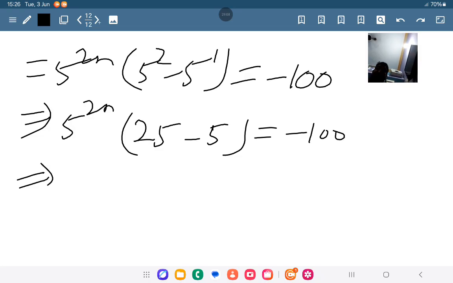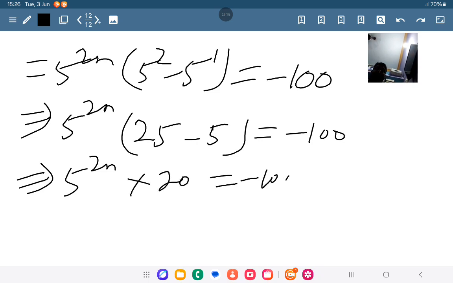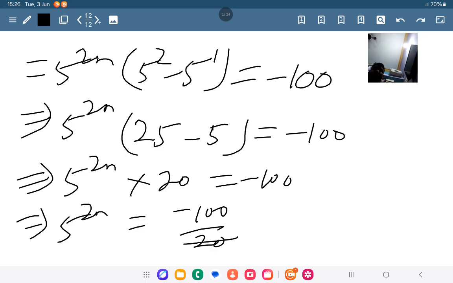Yeah, 5 to the power 2n into 20 is equal to minus 100. So 5 to the power 2n is equal to minus 100 by 20. It will be minus 5.